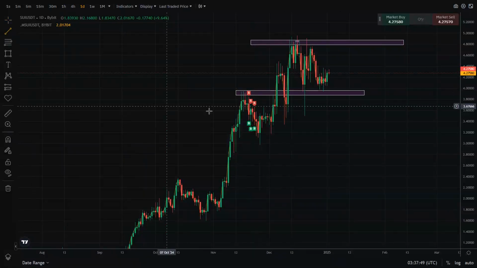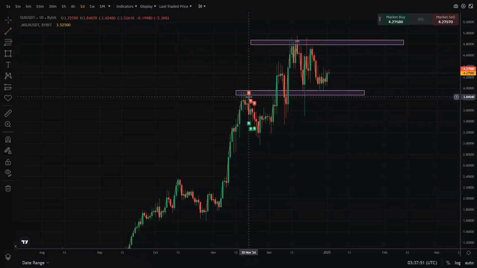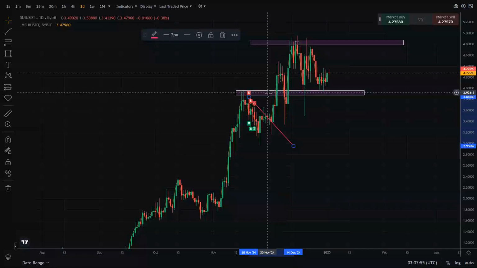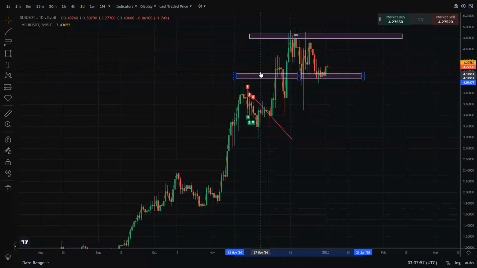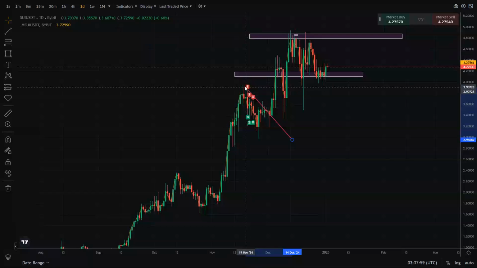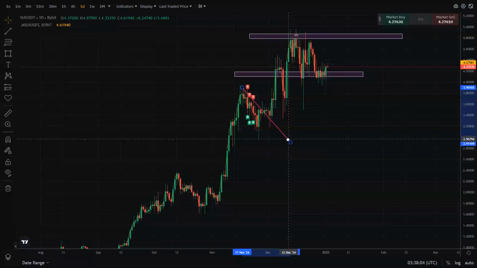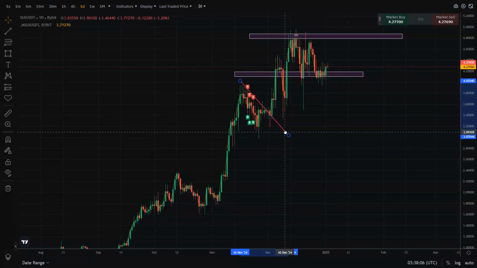First, we have a trend line from this area down. So like I said, you can make use of either the wick or the body.